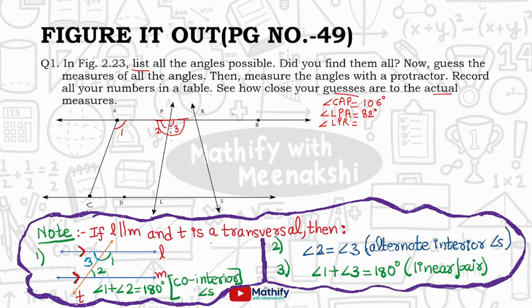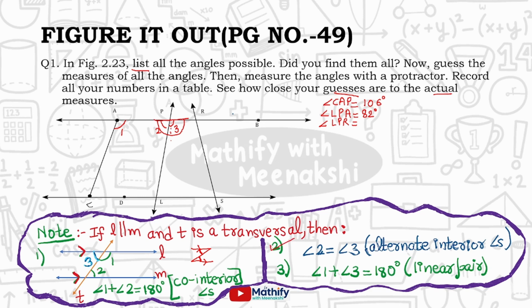Whenever the lines are parallel and there is a transversal that intersects these two lines at distinct points, then 3 and 2, like you can see in the figure, whenever you have a Z, these two lines are parallel, then we can say that these two angles are always equal and they are alternate interior. So 3 and 2 are equal, that's alternate interior.